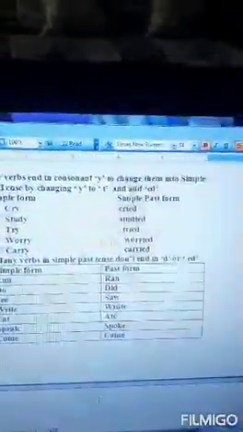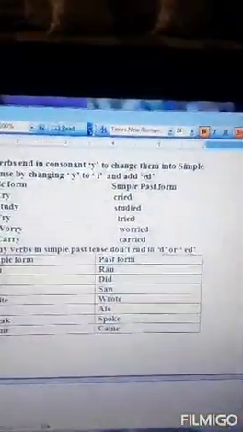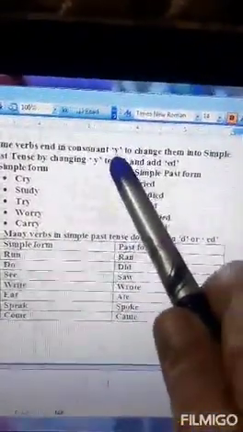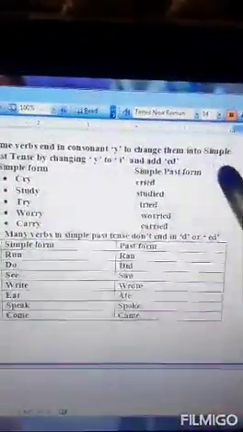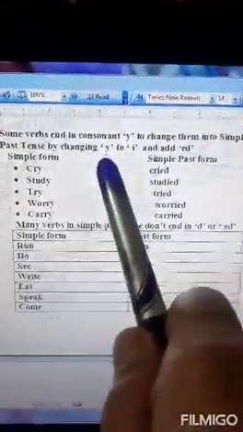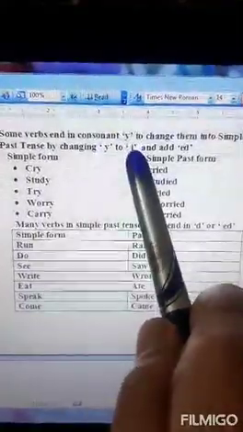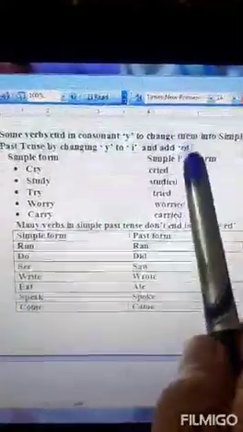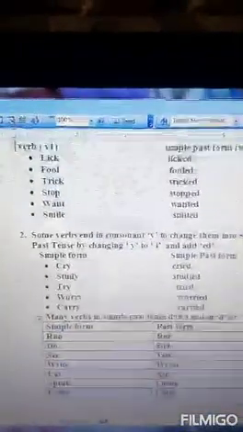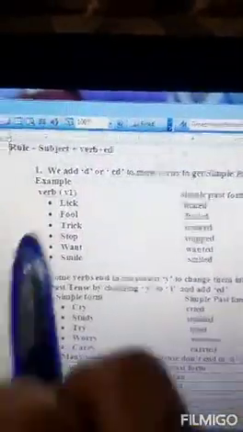Some verbs end in consonant y. A, E, I, O, U are the vowels, the rest are the consonants. So for verbs ending with a consonant y, when we have to change them into simple past tense, we change this y to i, and then we add ed. As I told you, how are we making it?